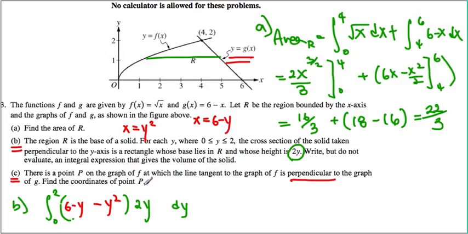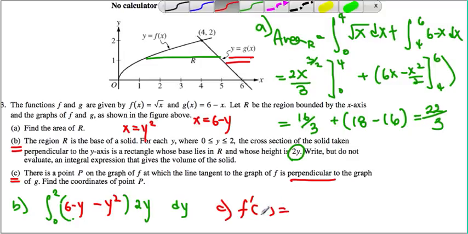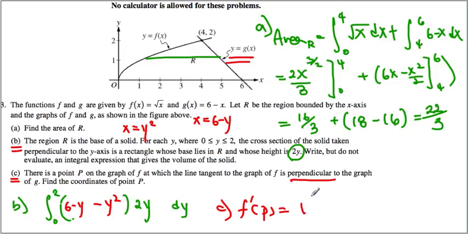Find the coordinates of point P. Since the slope of g is equal to -1, we realize the slope of the tangent line has to be the negative reciprocal of -1. That means f prime of P should be equal to 1. The negative reciprocal of -1 becomes 1.